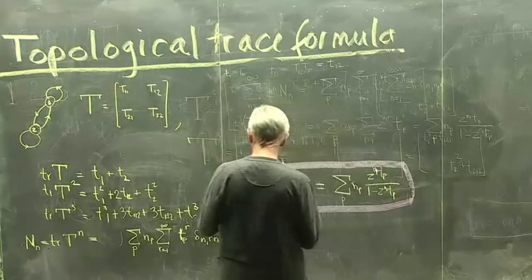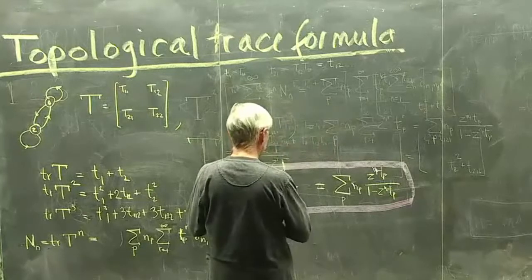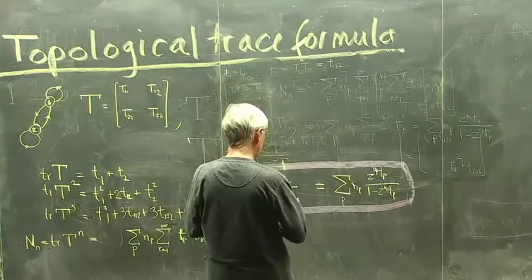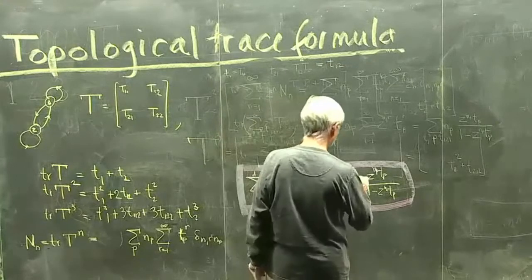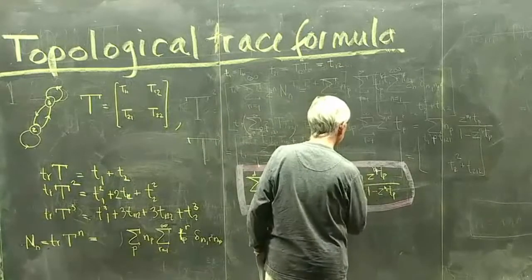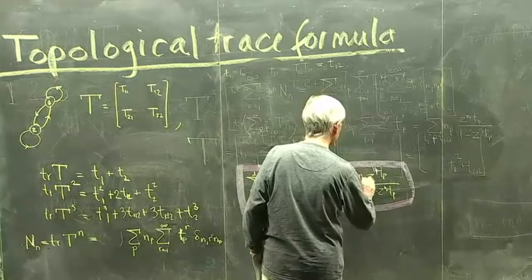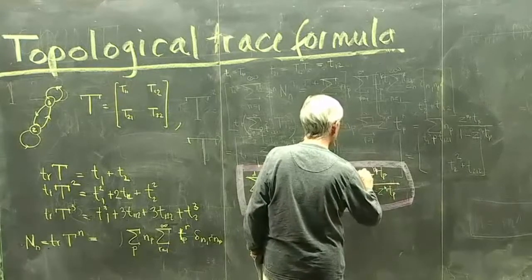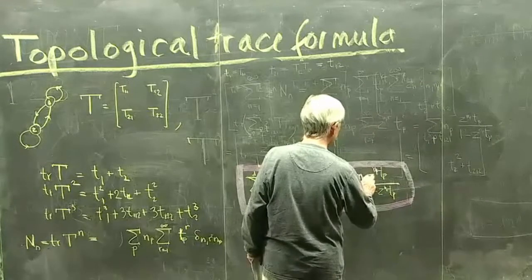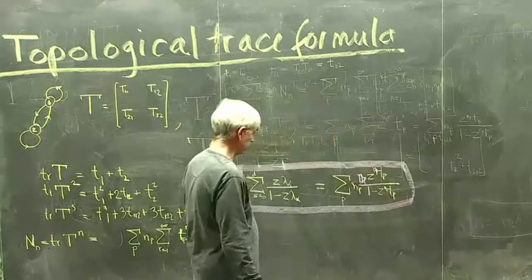So this looks pretty brilliant, and how is it going to work? It's not at all obvious it will work. And I'm sorry, I forgot there was an n_p. The length of the cycle was still here. That's important. So every periodic point, not just every periodic orbit, but every periodic point contributes to this.